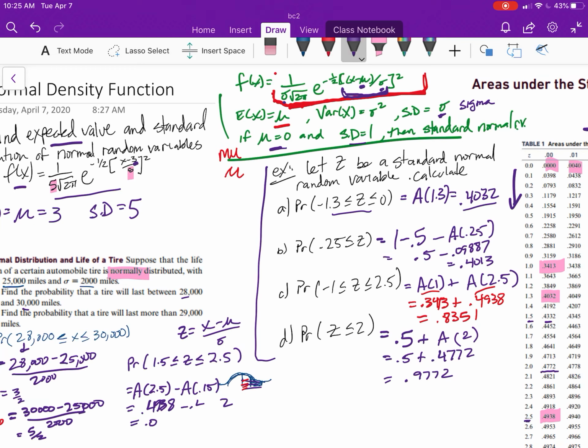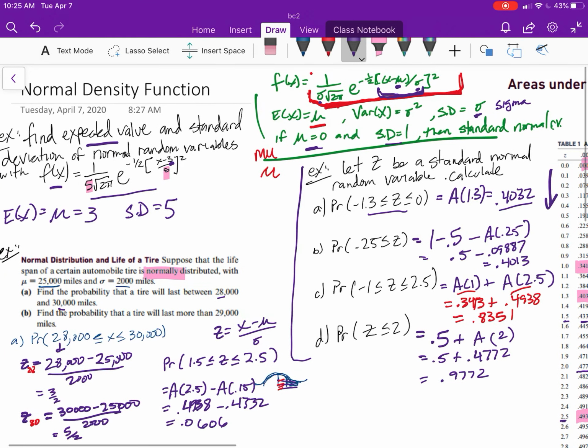My notes weren't lining up. So 0.0606. Okay, that's the probability they'll last between that.